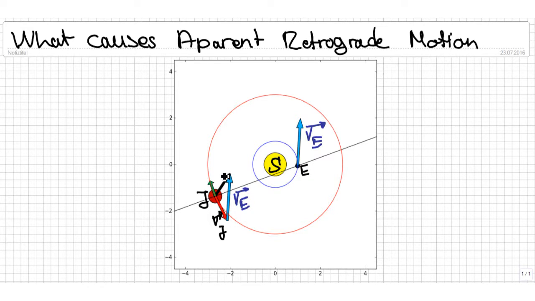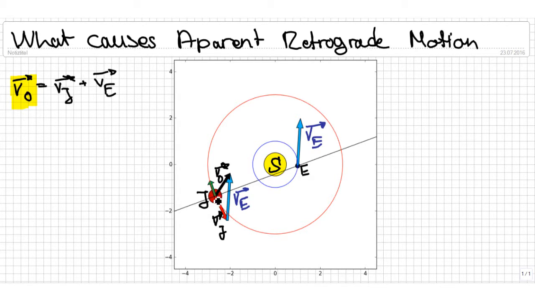We can easily do this by generating a v observed, VO, which will be equal to the sum of Jupiter's velocity plus the Earth's velocity. So this VO is the velocity as we could observe it in a geocentric system.